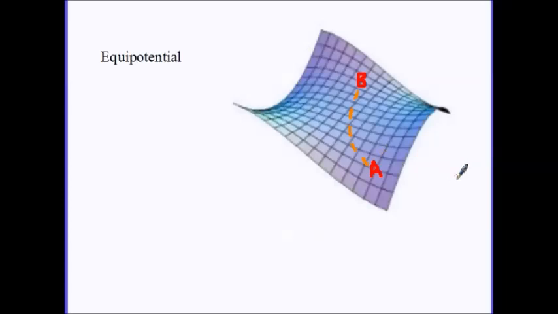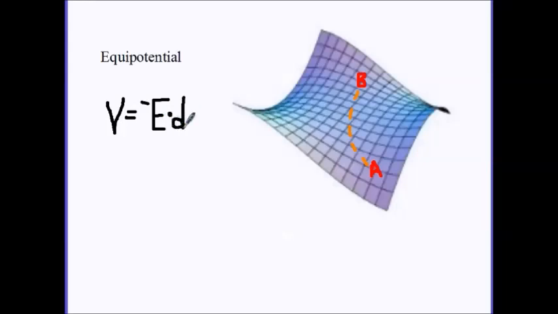What is the expression we have for voltage as a function of field strength? I'd like you to stop the show and write it down, then start the show again, and I hope what you have is V is equal to negative E dot, what was it, D we used?